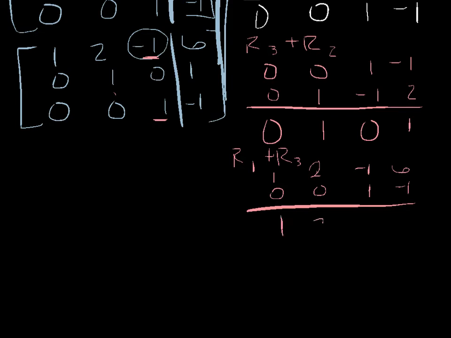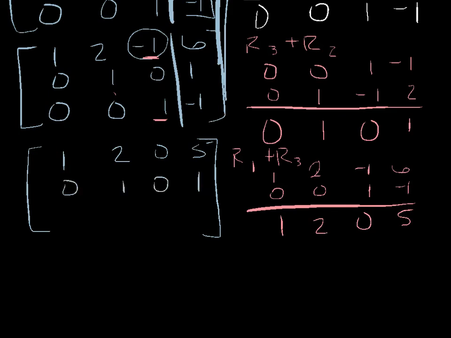Gives me 1, 2, 0, 5. That's going to replace my row 1. So I was trying to eliminate that negative 1. So 1, 2, 0, 5, 0, 1, 0, 1, and 0, 0, 1, negative 1.